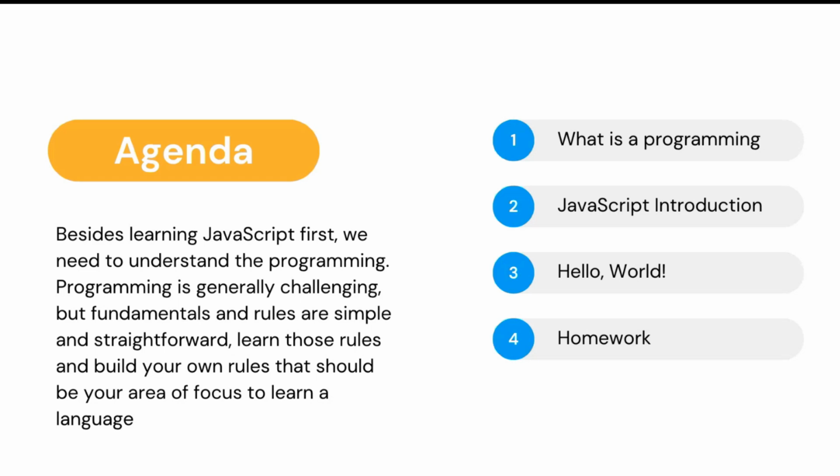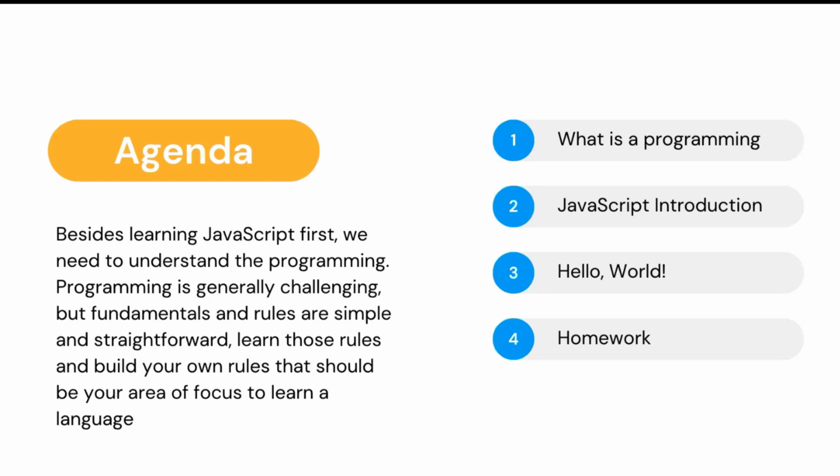If you understand the fundamentals of a programming language, and if you understood some rules around the programming language, 80 to 90% of the rules and the fundamentals are going to be the same across every programming language in the world. Programming itself is tough, but not the fundamentals and not the rules.